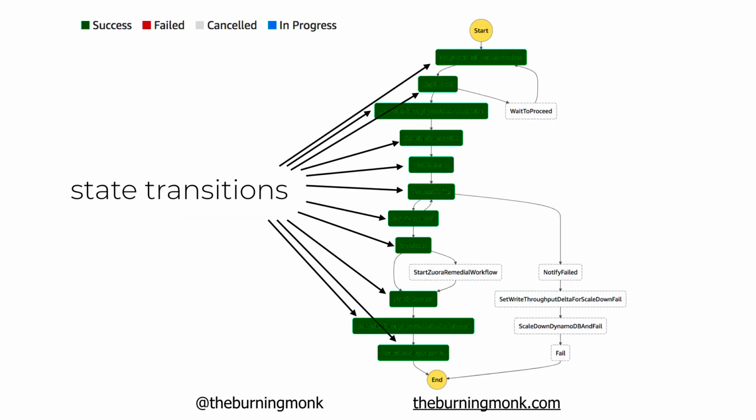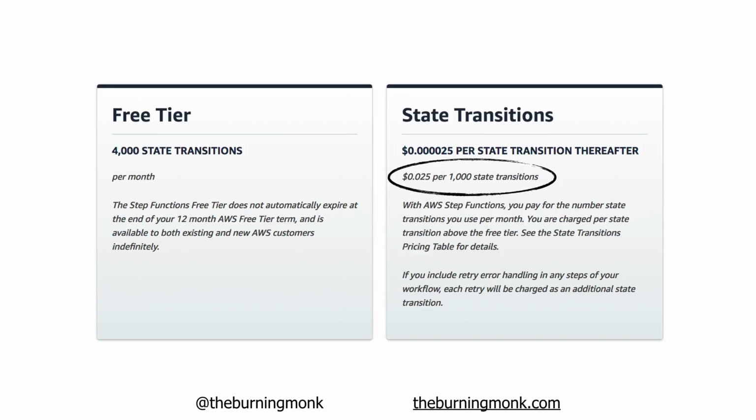So finally, in terms of just the terminologies, every time an execution moves on from one step to another is called a state transition. And the way that Step Functions charges you is based on the number of state transitions that you have.